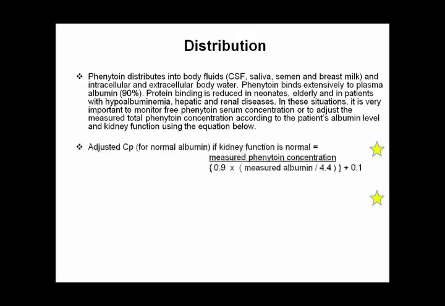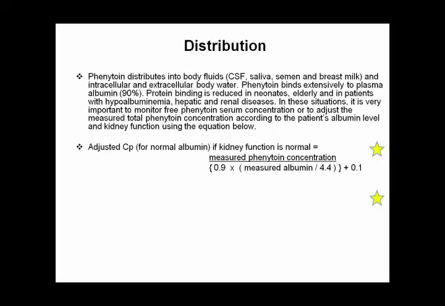And in these cases, if the patient's albumin is less than 4.4, we will need to find out the effect of the measured total phenytoin in this patient, because it's going to be more than the effect of the measured total phenytoin in another patient with a normal albumin.